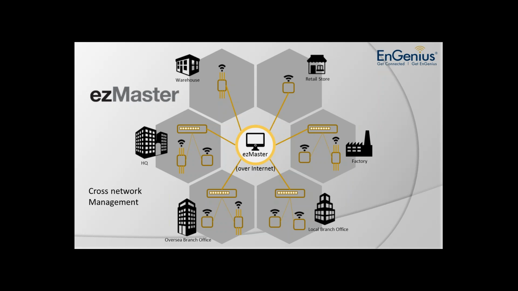So in this picture, for instance, this could be one zone, which is indicated as headquarter, where I have an EWS switch with a few access points, and I can manage this network from another place through an EWS switch. Or I can manage the access point in the warehouse directly from my ezMaster, and so on, up to 1,000 access points that I can manage from my ezMaster.